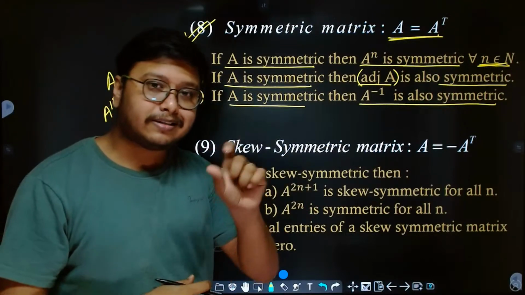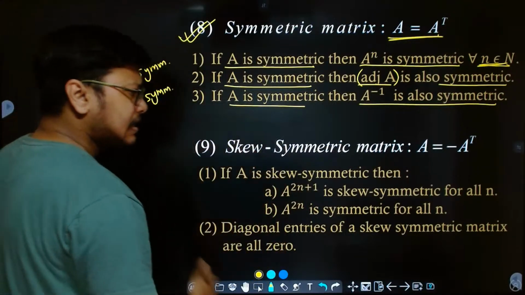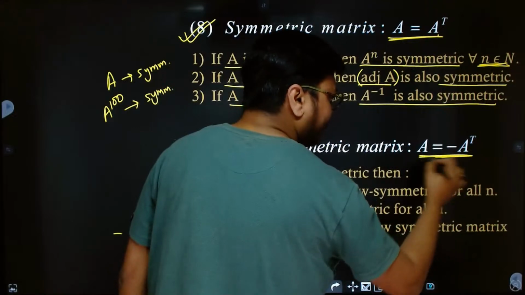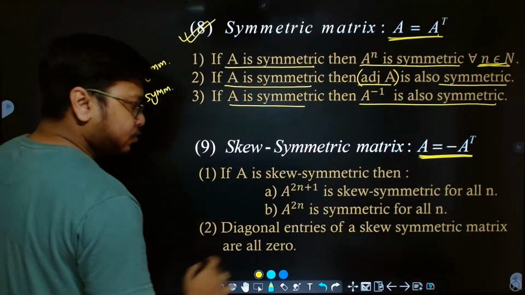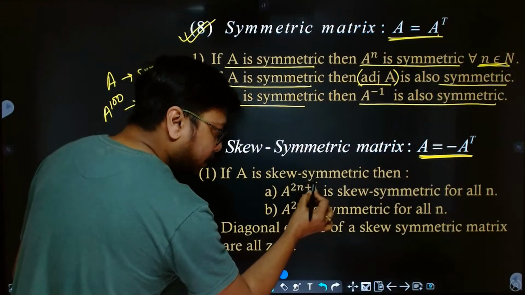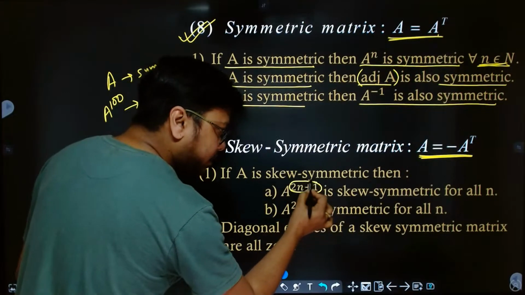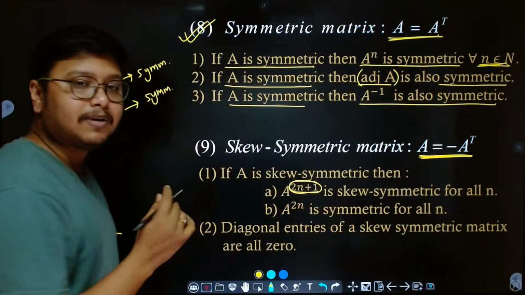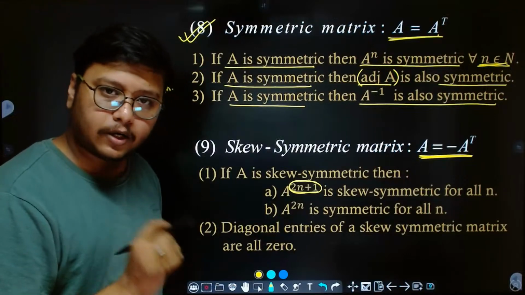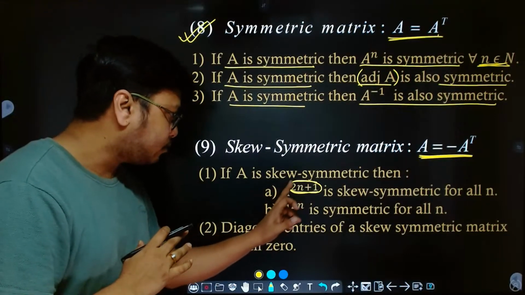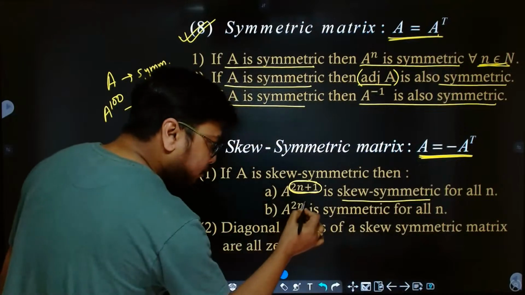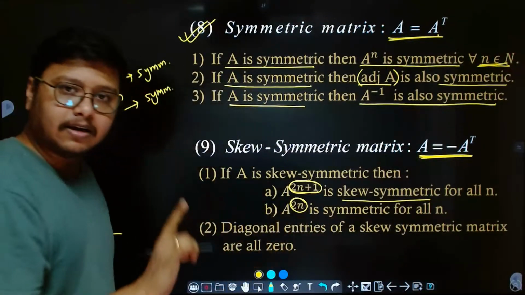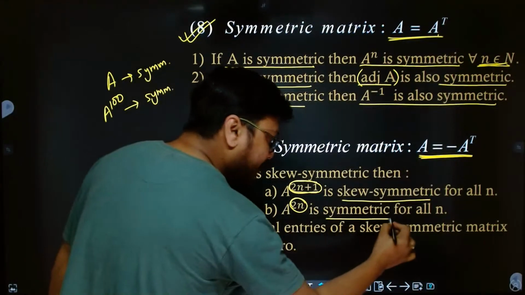If A is symmetric, A inverse is also symmetric. The inverse matrix is symmetric, the adjoint is symmetric, any higher power of A is symmetric. For skew symmetric, there is a little change. We all know what is skew symmetric: A equals minus A transpose. If A is skew symmetric, A to the power 2n plus 1, which is an odd number, will be skew symmetric, and A to the power 2n, an even number, will become symmetric.